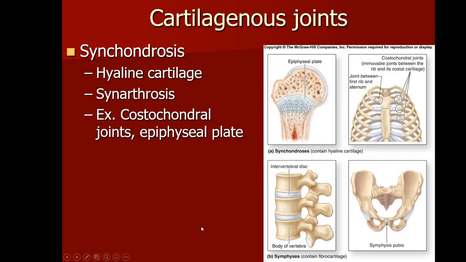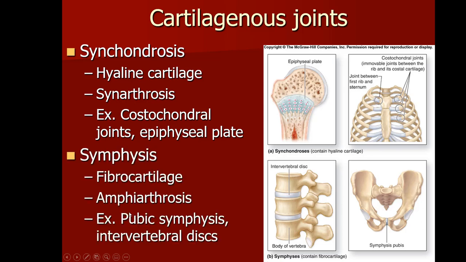Moving into the cartilaginous joints, we have synchondroses, and a symphysis, if you're talking plural. Synchondrosis just means they're held together by hyaline cartilage. These are synarthroses, meaning they don't move. The examples that we have: the epiphyseal plate. I know you don't think of that as being a joint, but technically it is because it's bone to bone separated by hyaline cartilage.